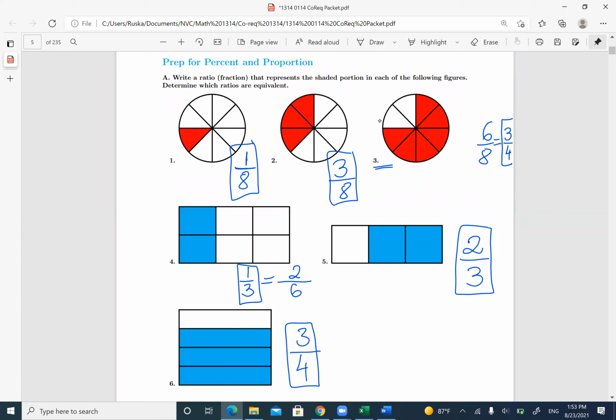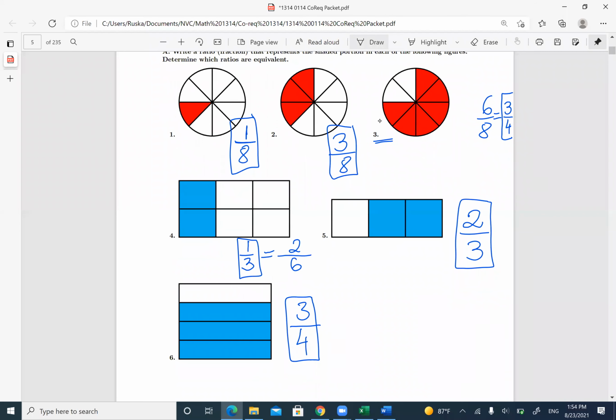Now they want us to get the shaded fractions, and they also ask to determine which ratios are equivalent. Do we have equivalent ratios? The answers we have are all different, but which ratios are equivalent?